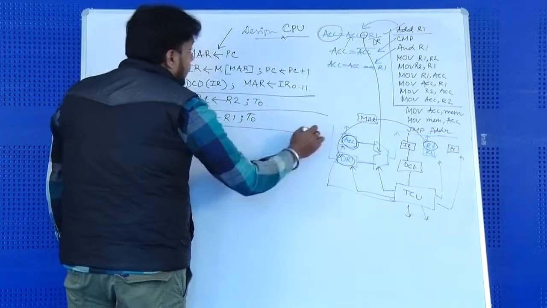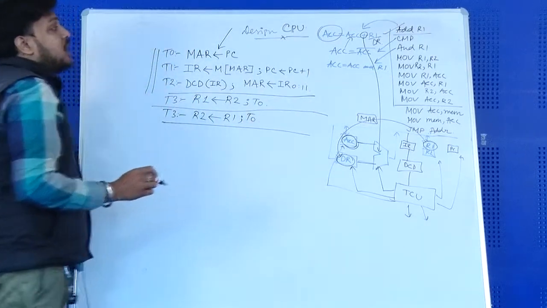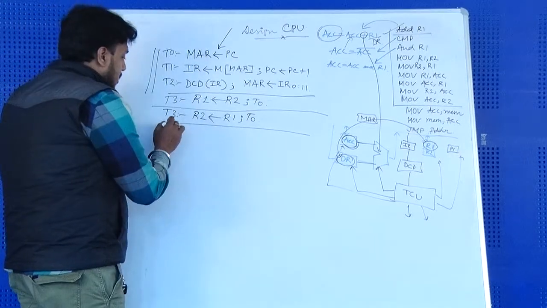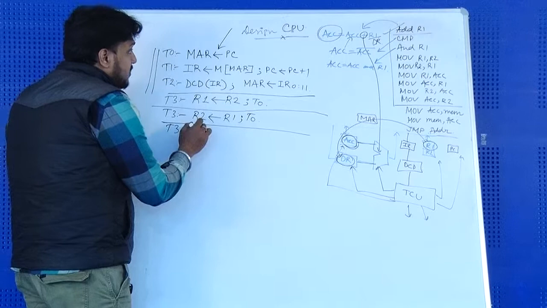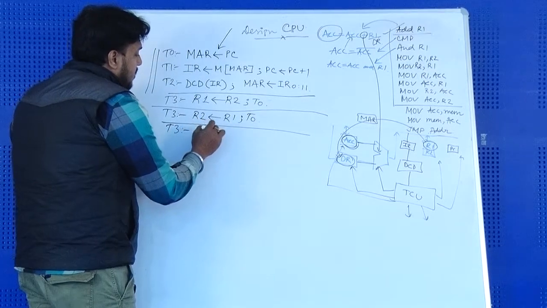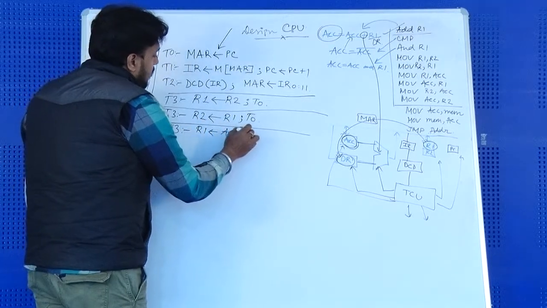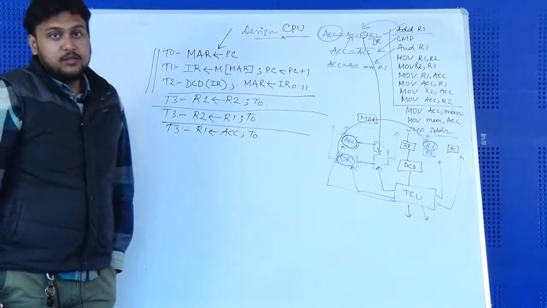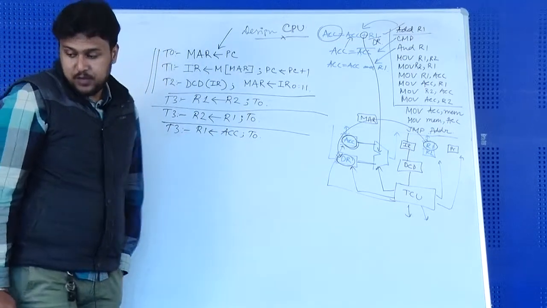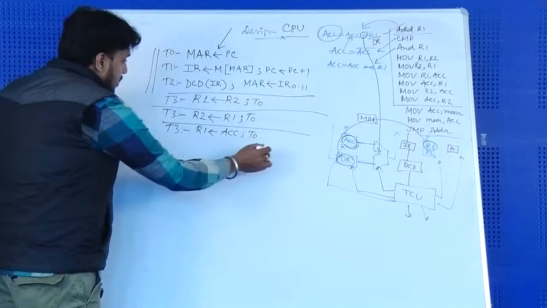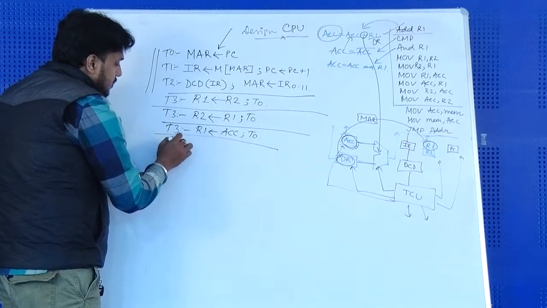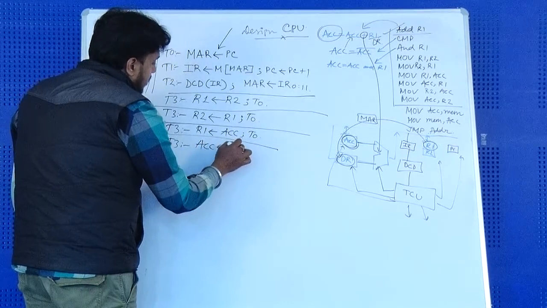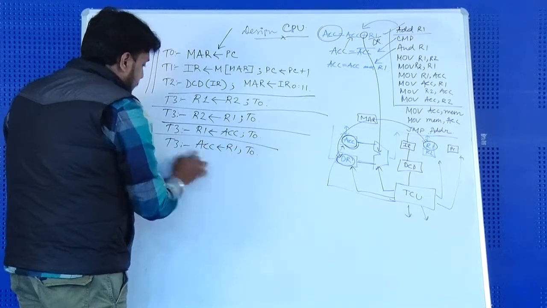For move R1 comma accumulator, what we have to do, during T3 we will write R1 accumulator and then T0, right, clear? No confusion should be here, I think. Likewise, for the next it will be accumulator R1.